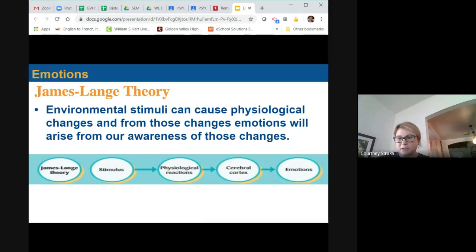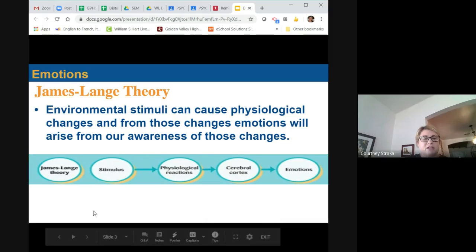Then you're able to express the emotion. They're saying it has to happen in that order: an environmental factor leads to a physiological reaction inside your body, then your brain recognizes the changes, and then an emotion happens. Fear might be the one here.